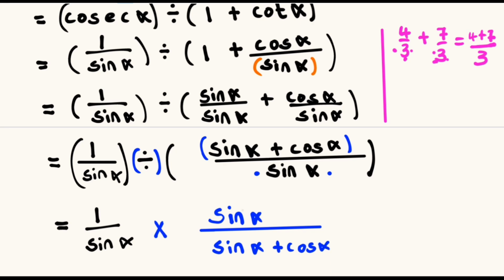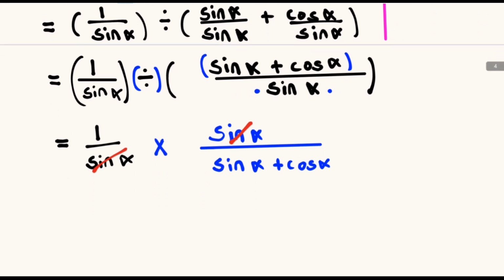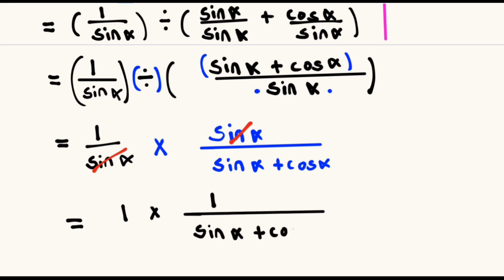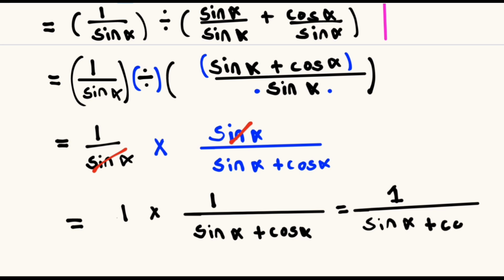Now, the sine alpha and that sine alpha will cancel out each other, and this will be equal to 1 multiplied by 1 divided by sine alpha plus the cos of alpha, and 1 multiplied by 1 is equal to 1, and we are still dividing by the sine alpha plus the cos alpha.